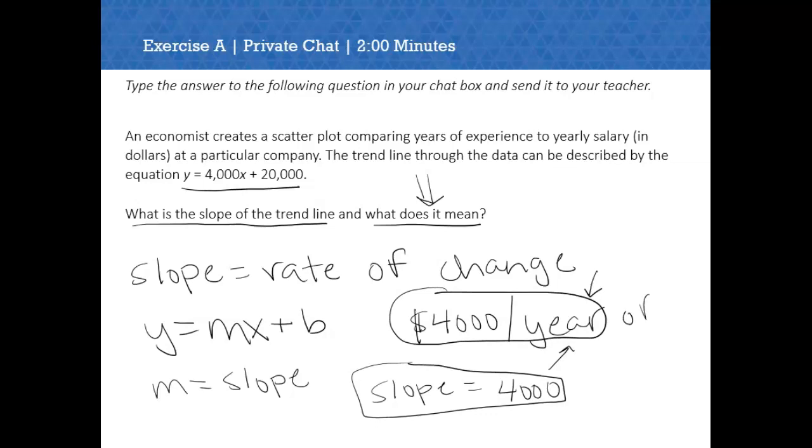So year of experience would probably be a better descriptor. It doesn't mean just that you get $4,000. So it's $4,000 with each year of experience. You get an increase of $4,000 per year of experience. And that's a positive 4,000, so you're gaining that $4,000 a year.